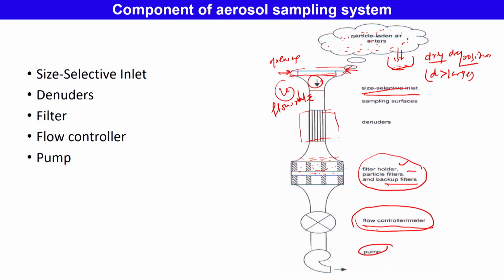Depending on the pressure difference, the job of the mass flow controller is to keep the same flow rate, because we will see in the calculation when you have to calculate PM, as you know, this is actually microgram per cubic meter.